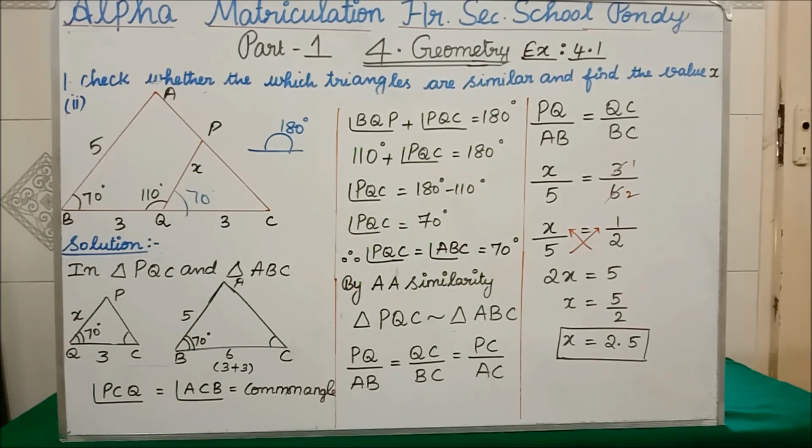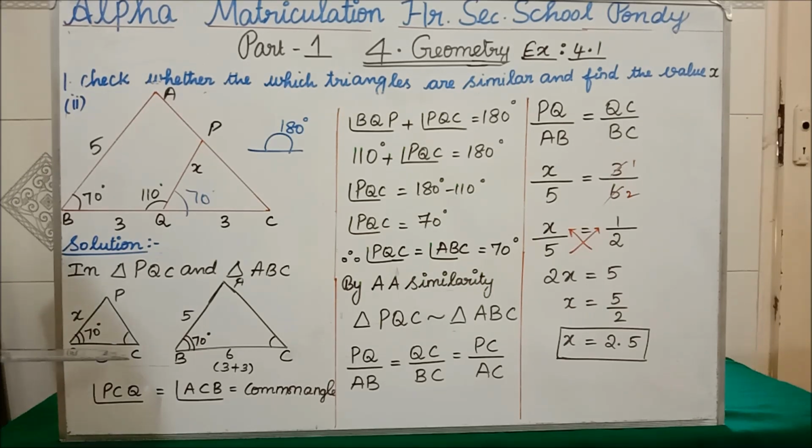Okay. So students, we have seen a criterion, isn't it? What is the criterion we have seen? AA criterion. Here one angle, then here another angle. What does that AA criterion tell? Tell me. What AA criterion says is, if two angles of one triangle are respectively equal to two angles of another triangle, then the two triangles are similar.